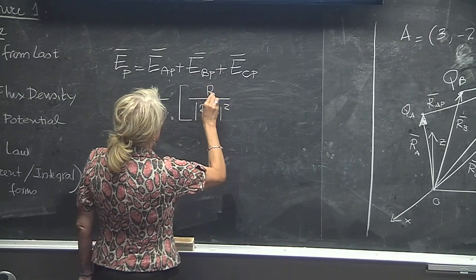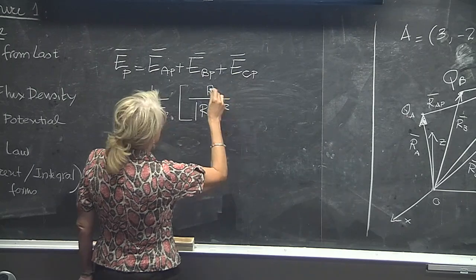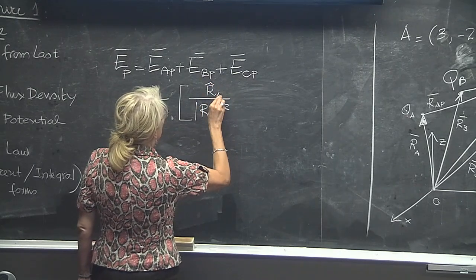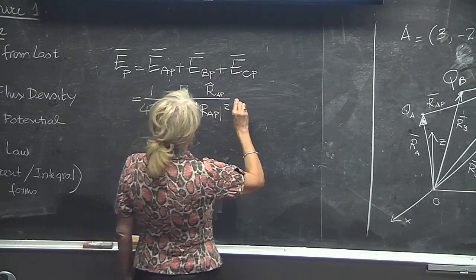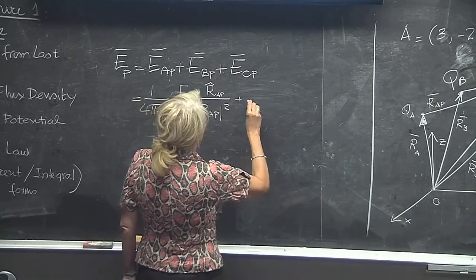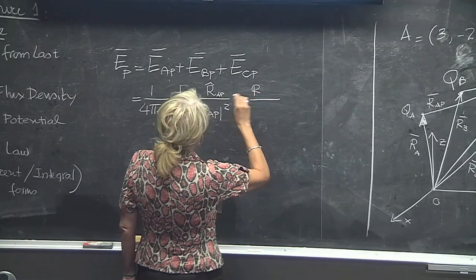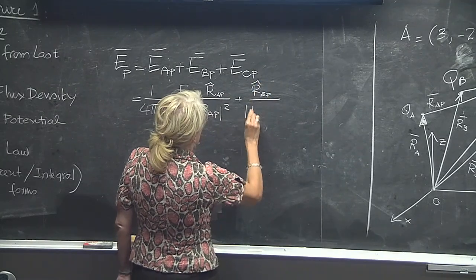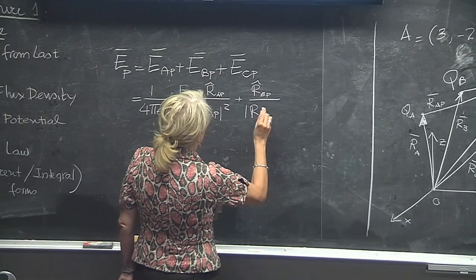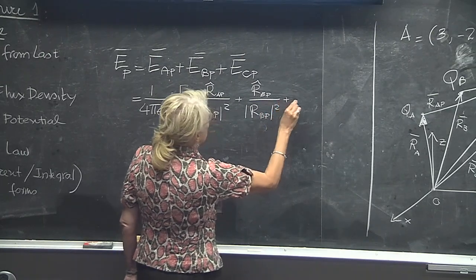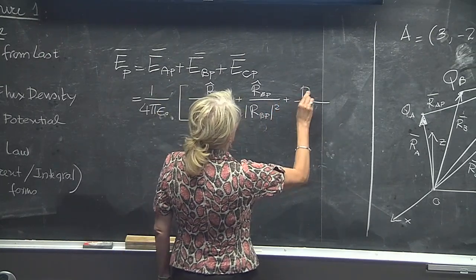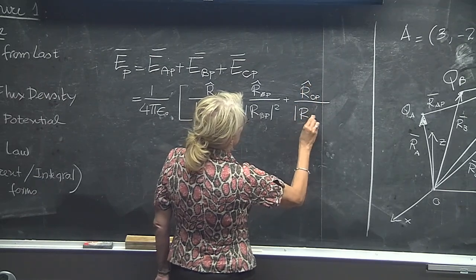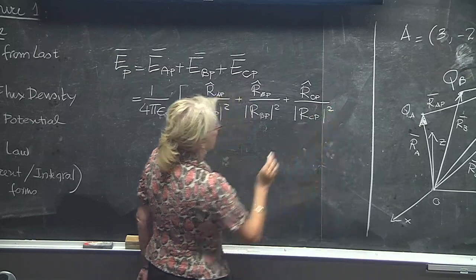And then this is going to be, in fact, just the unit vector of RAP, and then plus unit vector of RBP square plus unit vector of RCP square, and then this one. Okay?